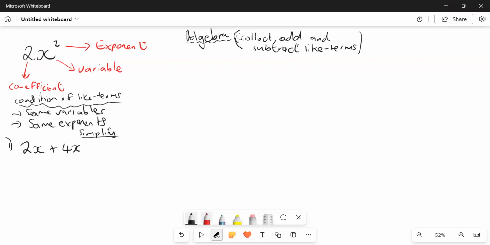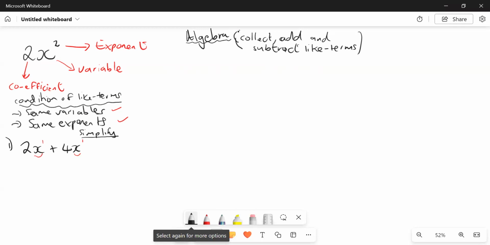But how do you check? We go back to the conditions of like terms. Do we have same variables? Yes, because we have x and x. Do we have same exponents? Yes, exponent 1 as well as exponent 1, right? If your variable doesn't have any exponent, you need to assume that there is 1 on top as an exponent.